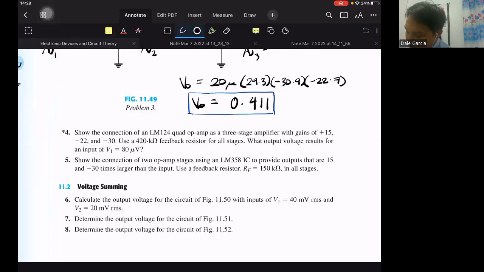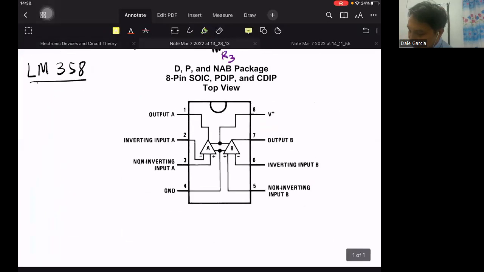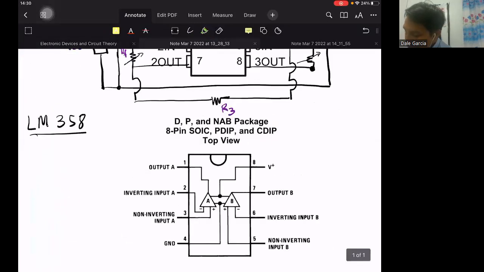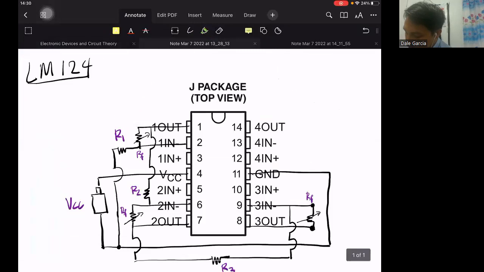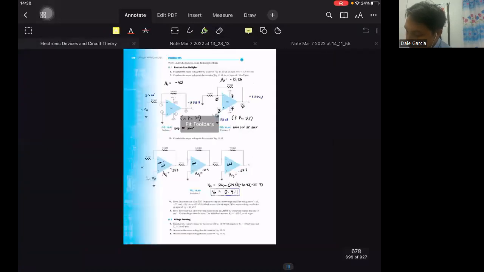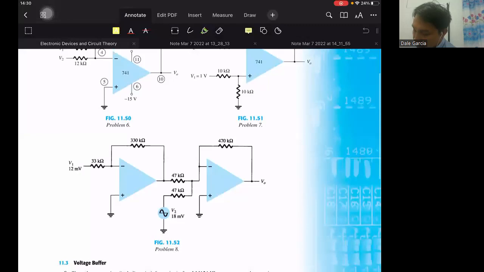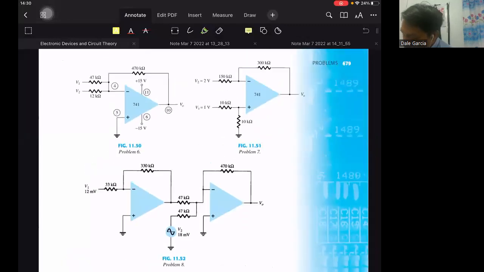Question number 5: two op-amp stages using LM358. I can provide the page for you for reference. For voltage summing, the summing amplifier is 11.50 and the subtracting amplifier is 11.51.